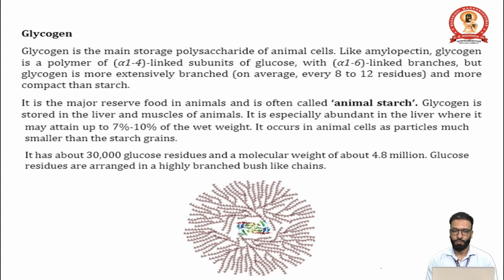It is the main storage polysaccharide in animals, and it has 1,4 and 1,6 linkages based on the branching. It's stored in the liver and muscles, and has about 30,000 glucose residues and a molecular weight of about 4.8 million.